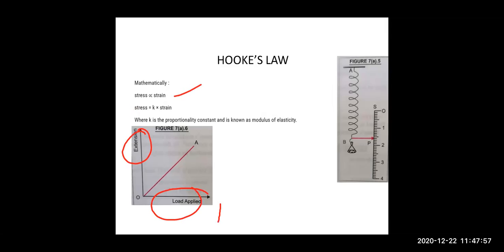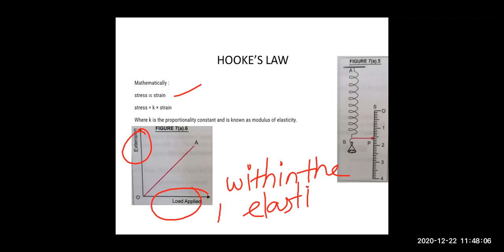There is an exception here, that is within the elastic limit. Within the elastic limit, because after the elastic limit, the stress won't be directly proportional to strain. We are going to see what will happen after the elastic limit just after this topic, right?